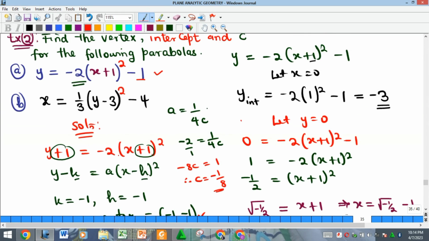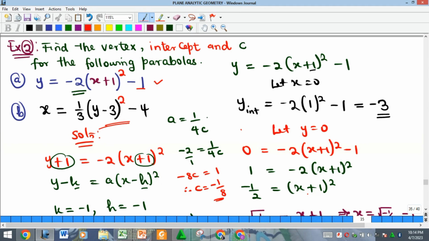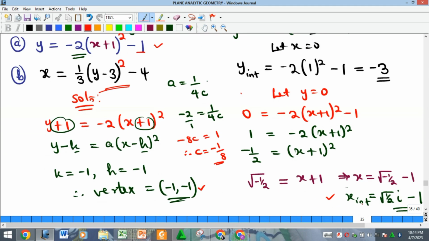I'm going to allow you to do the second example: find the vertex, the intercept, and the c for the parabolas. But of course, because this is leading us to complex numbers, and we know that our parabola is on the Cartesian plane, which deals with real numbers, it means that there is no x-intercept.